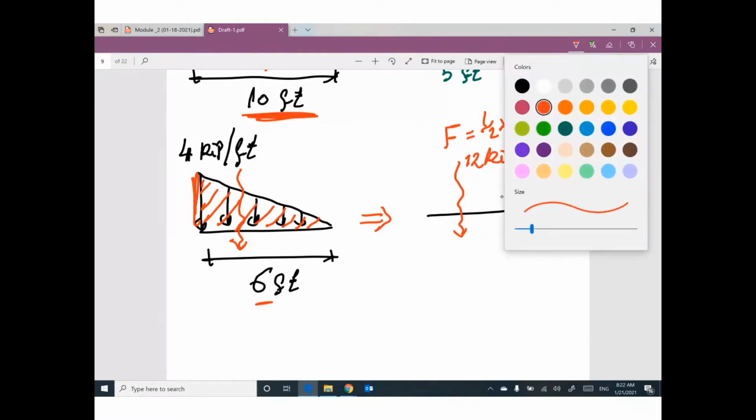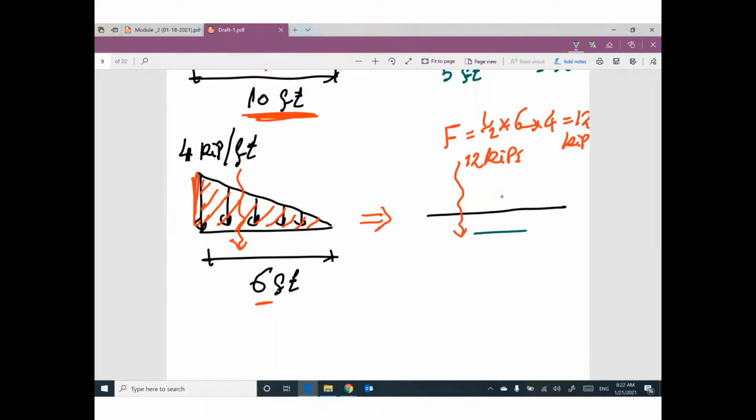Where is the location of this force? From the side of the height of the right angle triangle, 1/3. 1/3 of what? Of L. The other one will be 2/3 L. The L here equals 6, so 1/3 L equals 2 feet, and 2/3 L equals 4 feet.